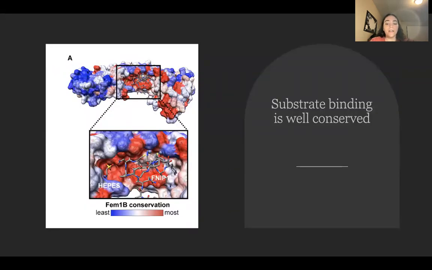So they found that the FNIP1 only binds to a small part of the Fem1b complex, but the structural binding was well conserved. We can see that because the most conserved region is in red right here, and it's right where the FNIP1 fits. And so this begs the question of what else is in this substrate.